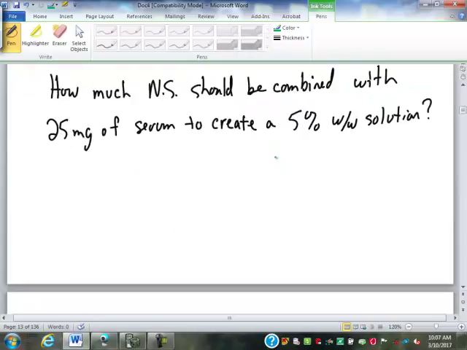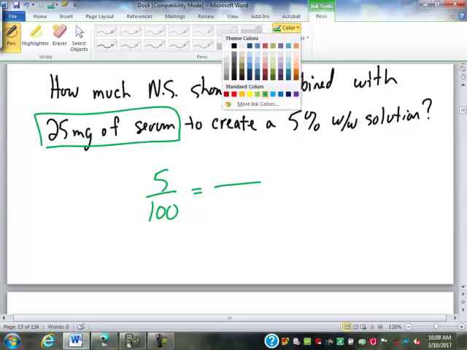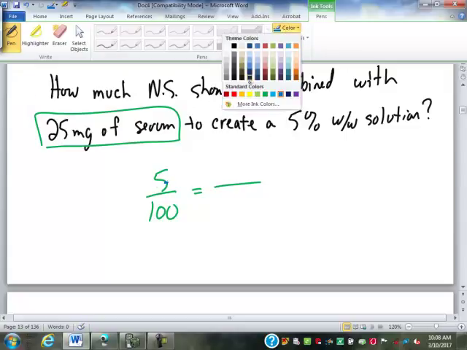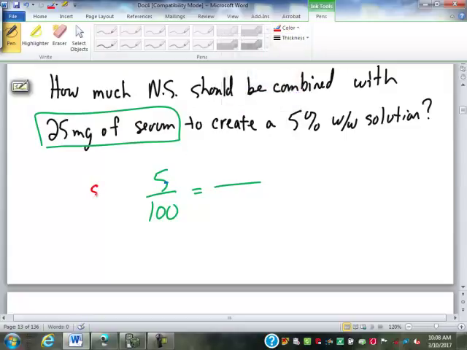Well, the way I would do this is I would just find the total volume. 5%, of course, is 5 out of 100 equals the 25 milligrams of serum is going to go top or bottom. The 5 in the 5%, remember that percent, the top number is the amount of serum, the bottom number is the total.